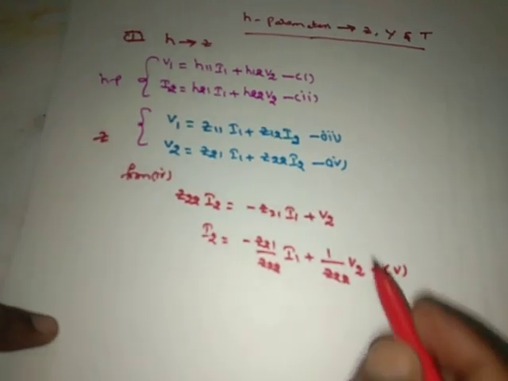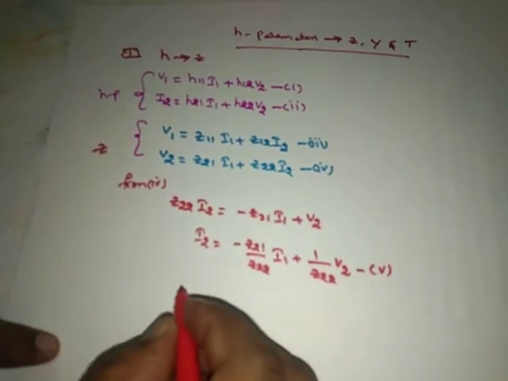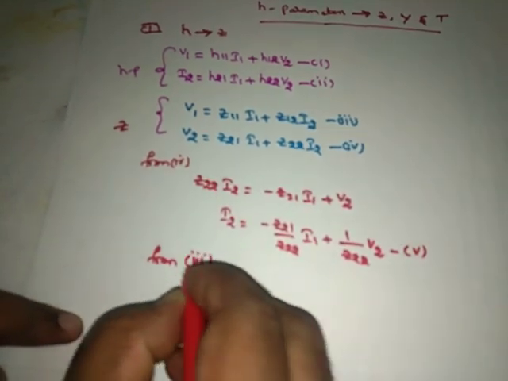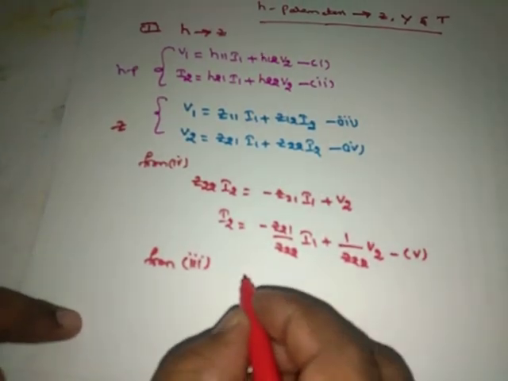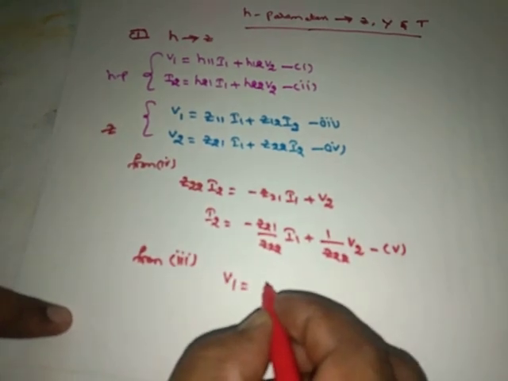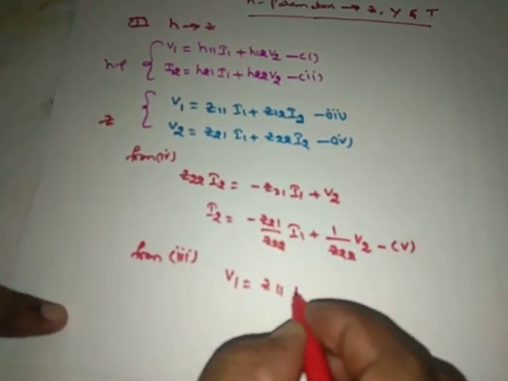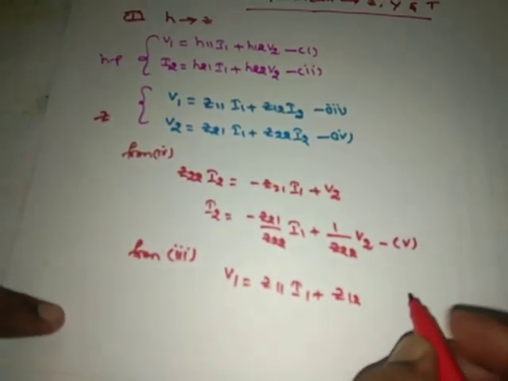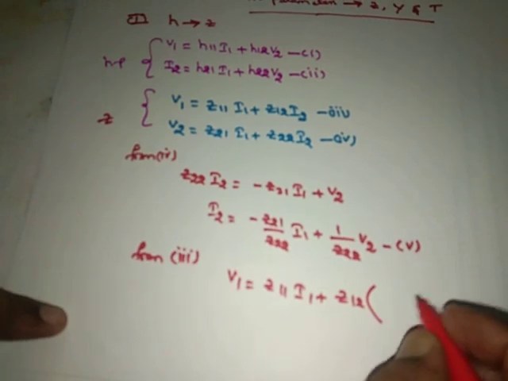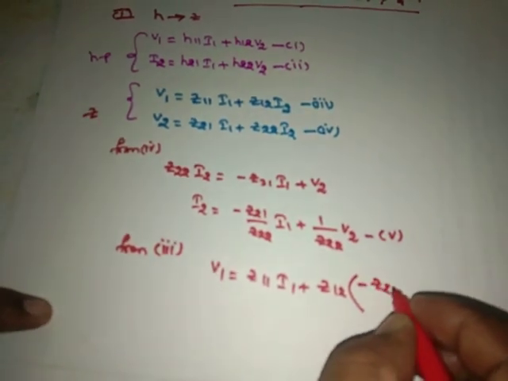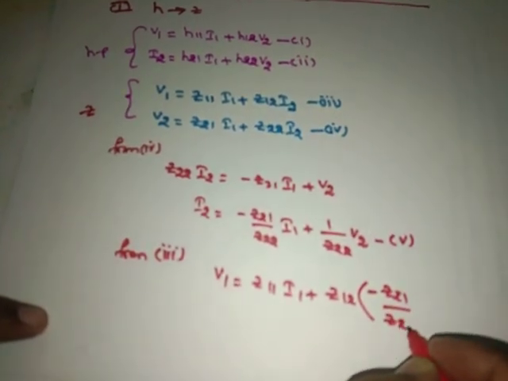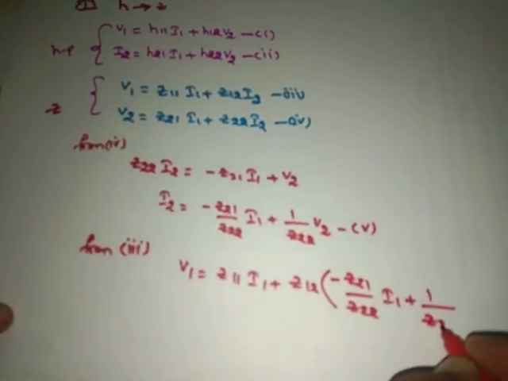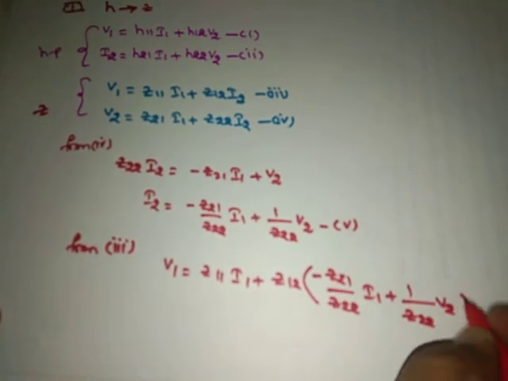Now coming to 3: V1 is equal to Z11 I1 plus Z12 I2. Just simply substitute I2 here: minus Z21 by Z22 I1 plus 1 by Z22 V2.